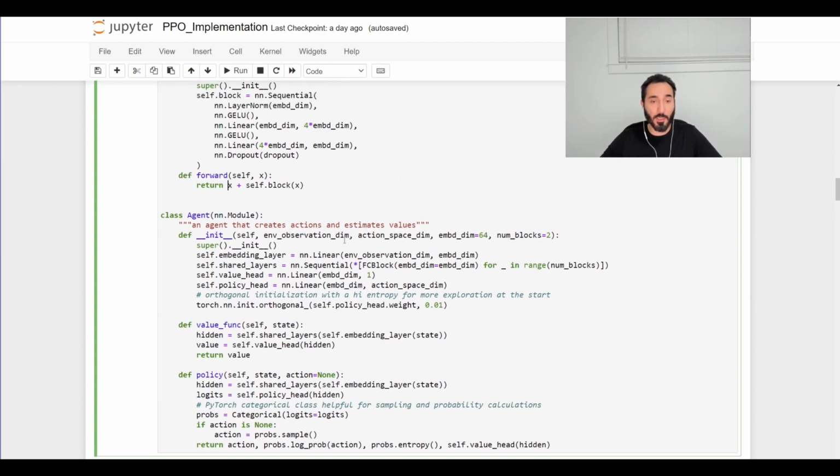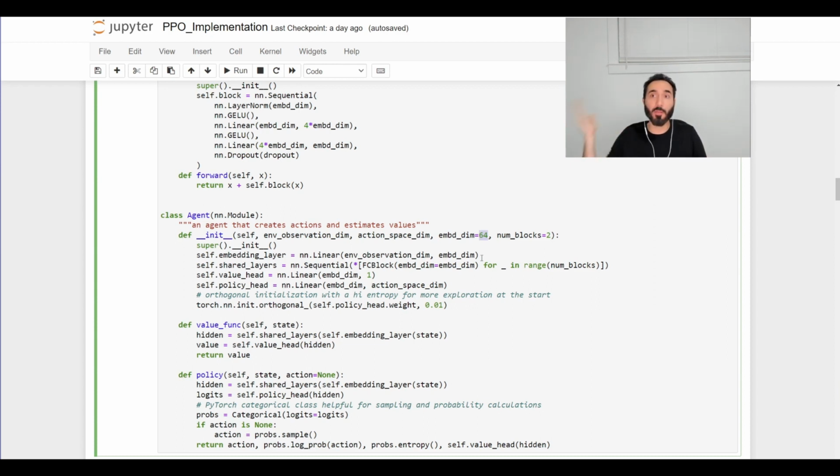The neural network is made out of, the first layer is just an embedding layer. It gets the observation and then embeds that observation to some dimensionality that you specify. Here, I'm going with 64. For this problem, even a smaller embedding layer probably works.